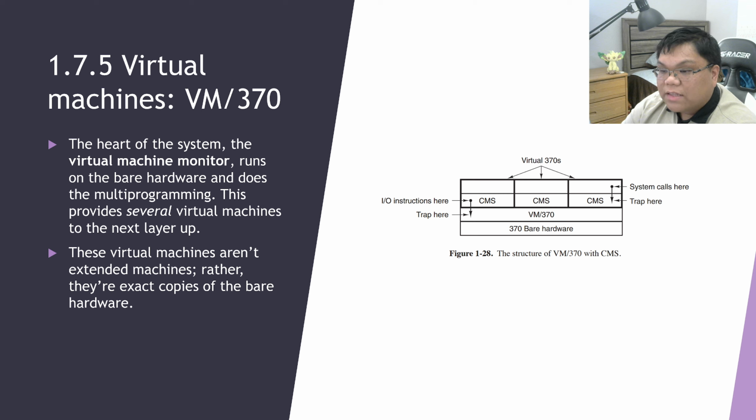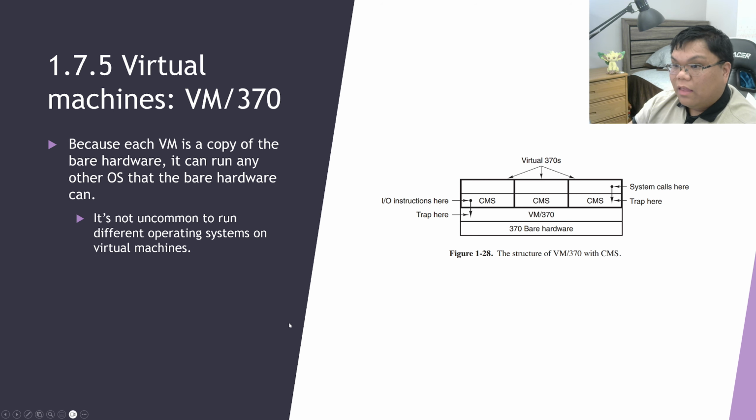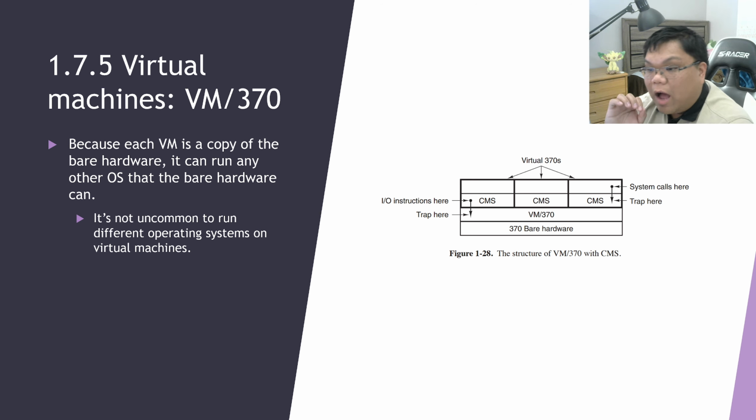This provides several virtual machines at the next layer up. And these virtual machines aren't extended machines. They're copies of the bare hardware. Because each virtual machine is a copy of the bare hardware, it can run any other operating system that the bare hardware can. And it's not uncommon to run different operating systems on virtual machines.